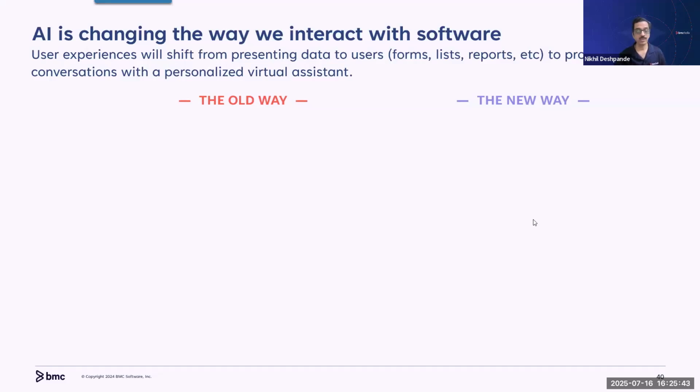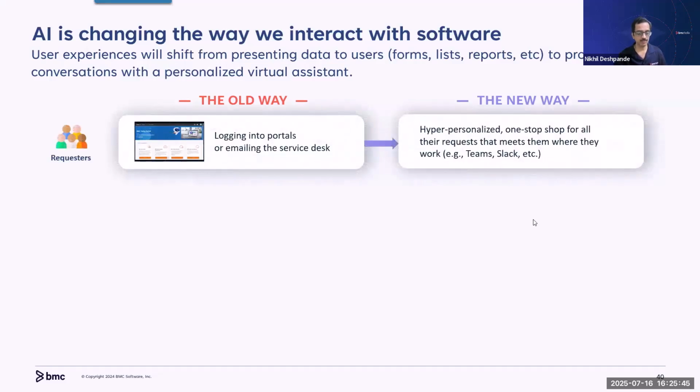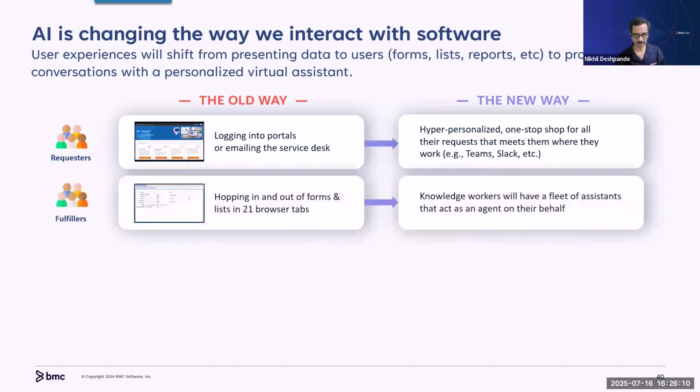with enterprise software. So the old way for requesters in the service management world was to log into portals, or email the service desk, or go to a portal to raise a service request. The new way is just a Teams channel or a Slack channel where you use that channel to interact with the service desk.